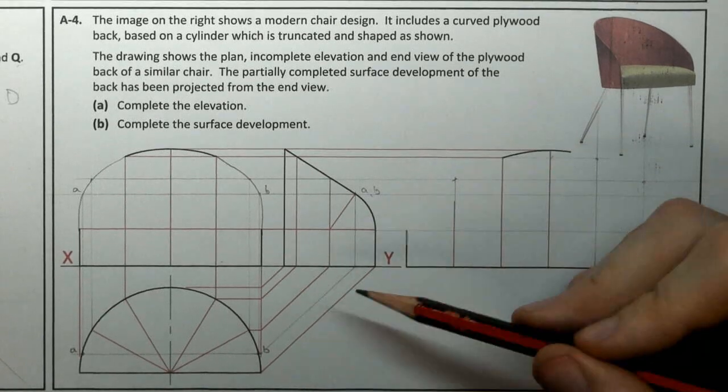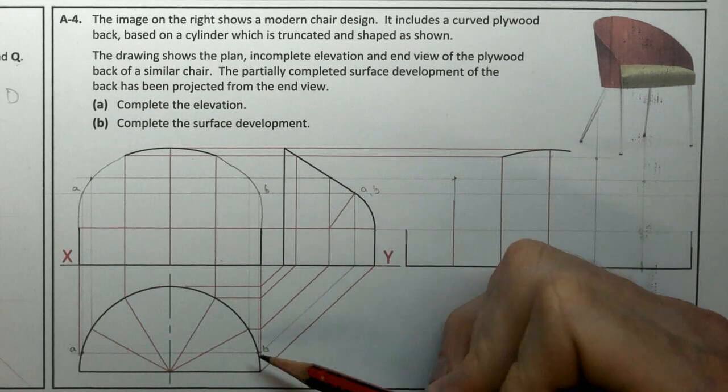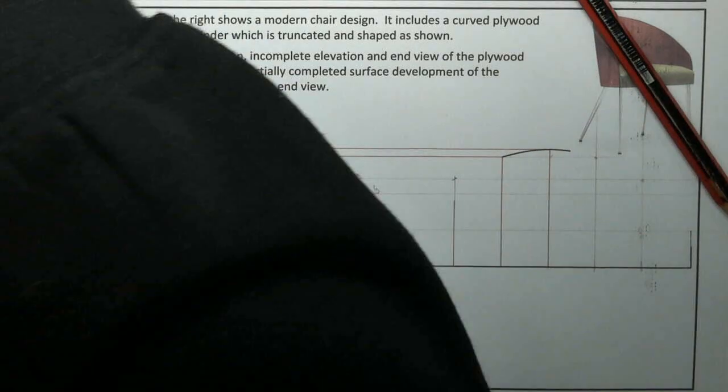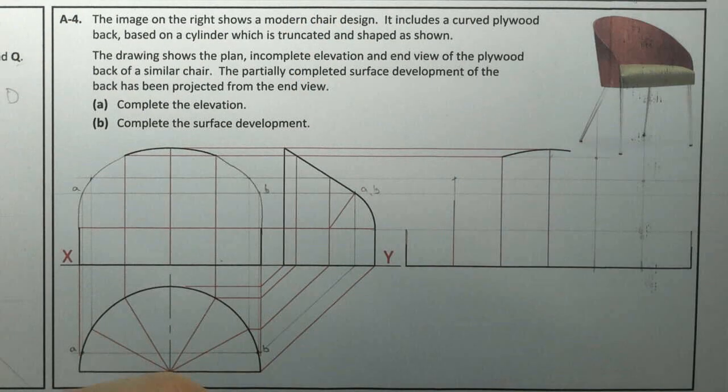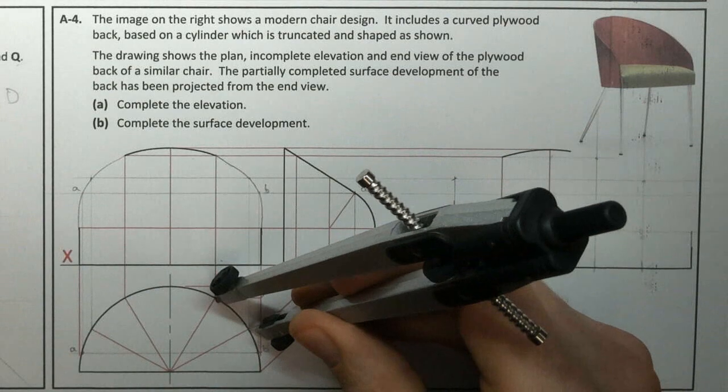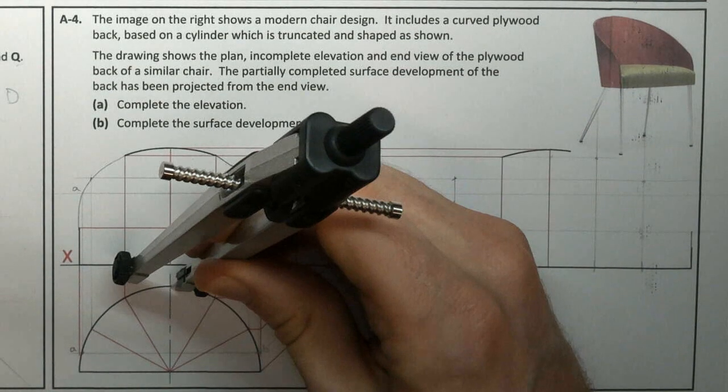The tricky bit in this is we need to now locate A and B. As we know, the distance between these generators is found in the plan, and the distance between all those generators is the same.